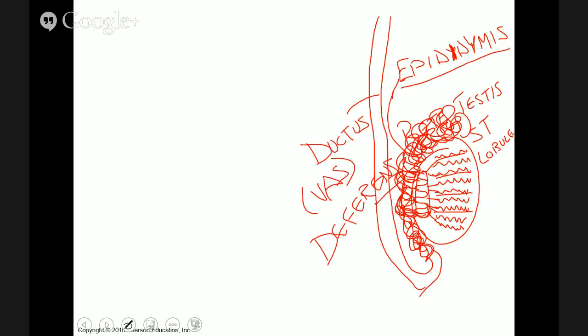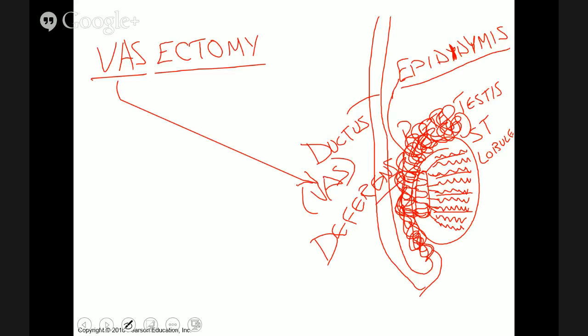So, whenever you have the suffix ectomy, that means to remove. You get an appendectomy, you get the appendix removed. Cholecystectomy, get your gallbladder removed. So a vasectomy means that you are removing some of the vas deferens, cutting it, tying it off.